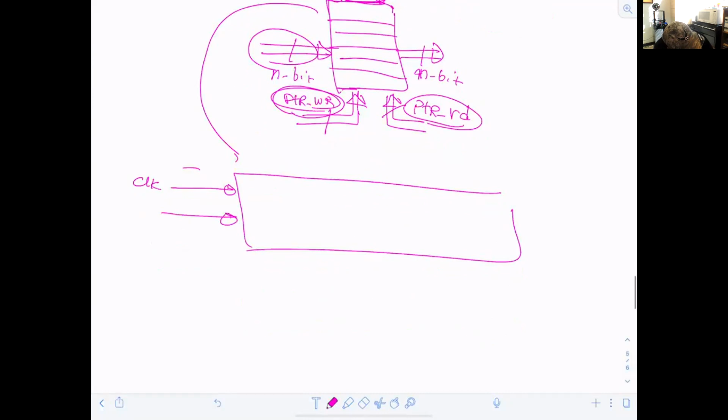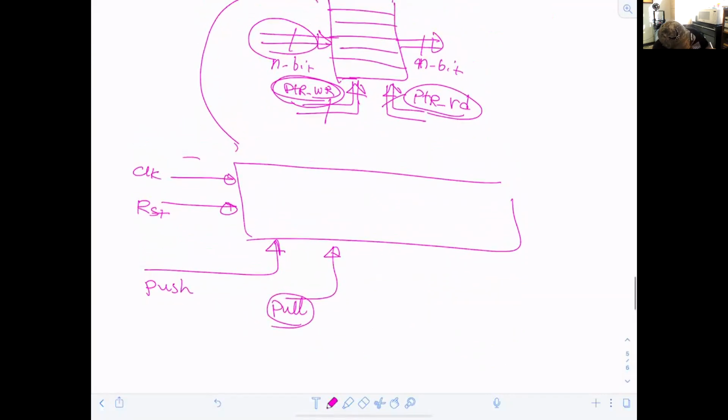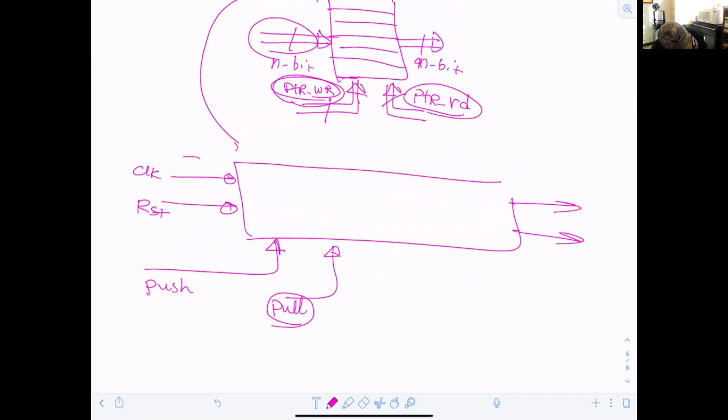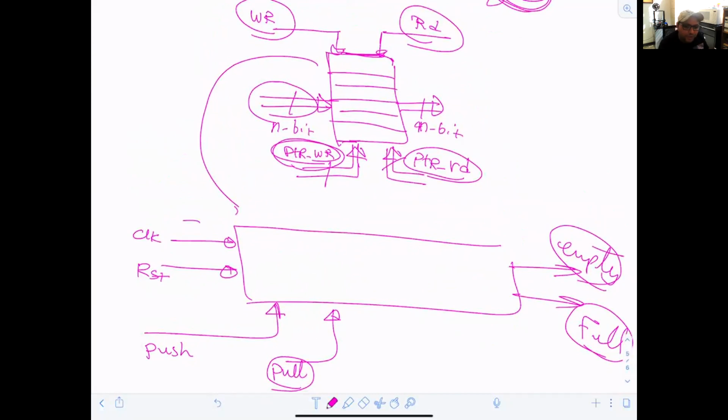Then I also need the master reset. Then that input is going to be push. This input is also going to be pull. Then the two flags here are going to be what? Empty and full. And who will be the output? The output will be this guy and this guy.